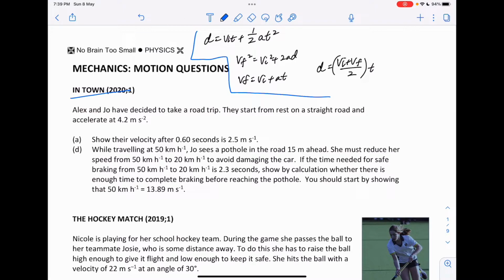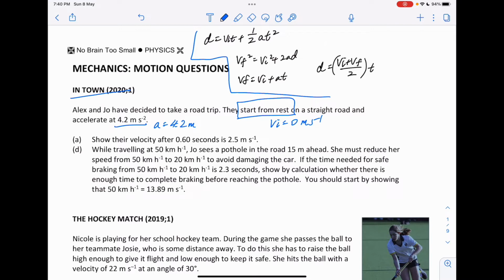What can we know from this? It says from rest. What does this mean? This means that the initial velocity is 0 meters per second, correct? And accelerated at 4.2 meters per second squared, which means the acceleration here is 4.2.